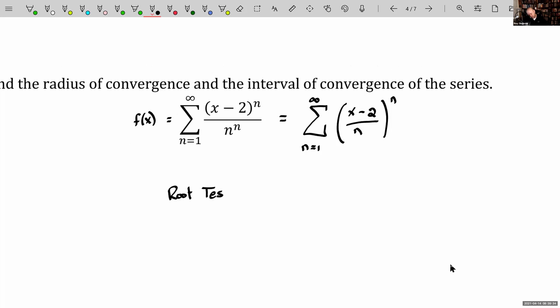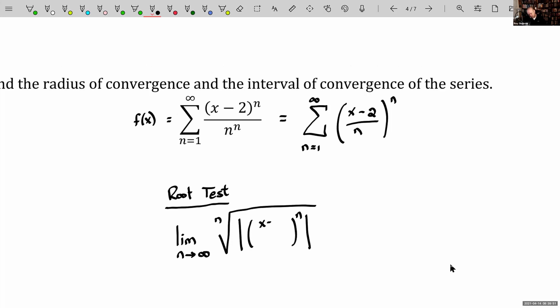So I'm going to do the root test and take the limit as n tends to infinity of the nth root of the absolute value of that sequence. The sequence is the nth power of (x minus 2) over n.